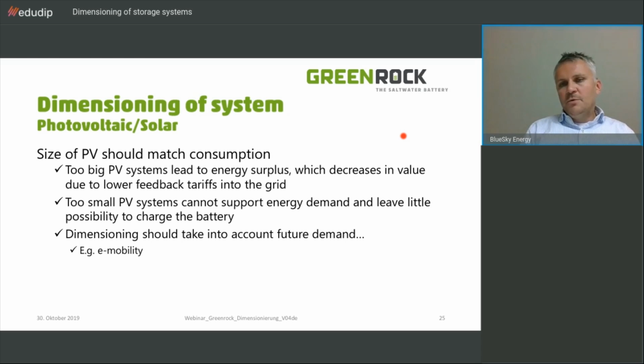And of course, if the PV system is too small to support the local energy demand, there is little possibility for the battery or the EMS to optimize that. And if you are dimensioning a photovoltaic system, also future demands should be taken into account, and that would be, for example, e-mobility factors.